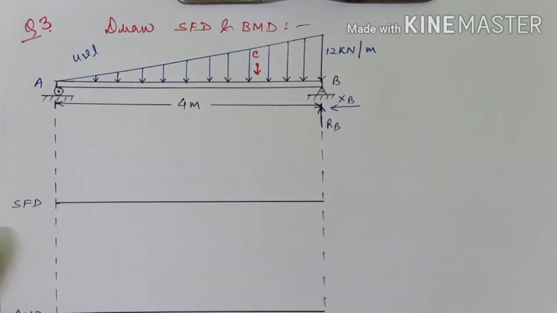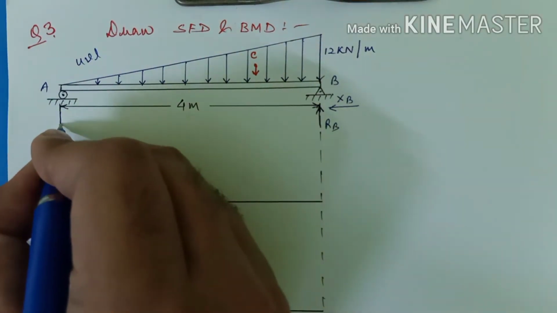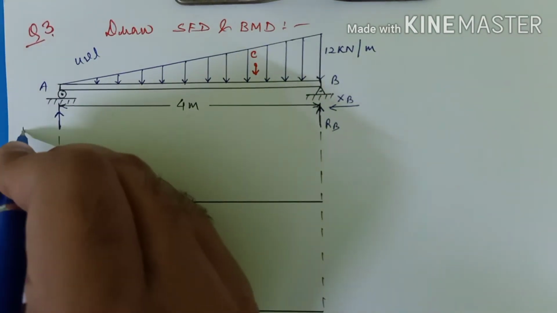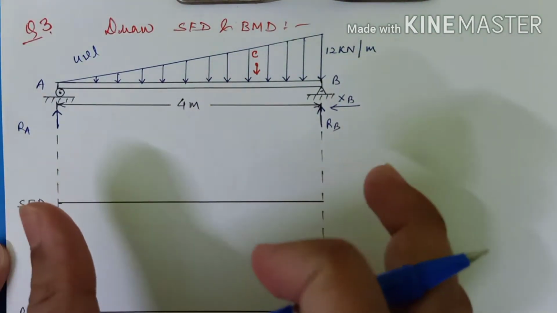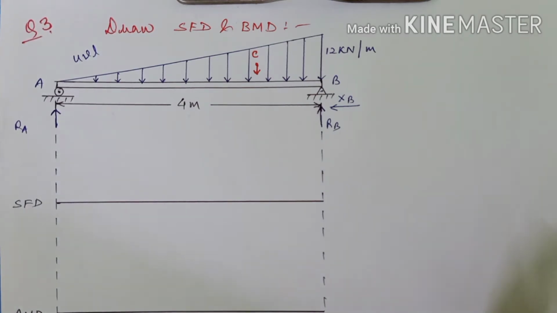Okay, and for a roller support there is only one kind of reaction, so it will be vertical, so it will be RA, right? Why this concept of supports I have explained in my first video, so you can check that out.